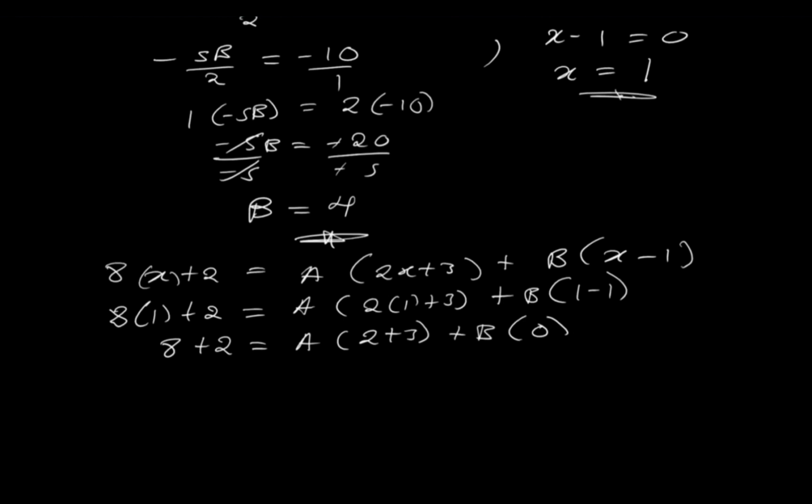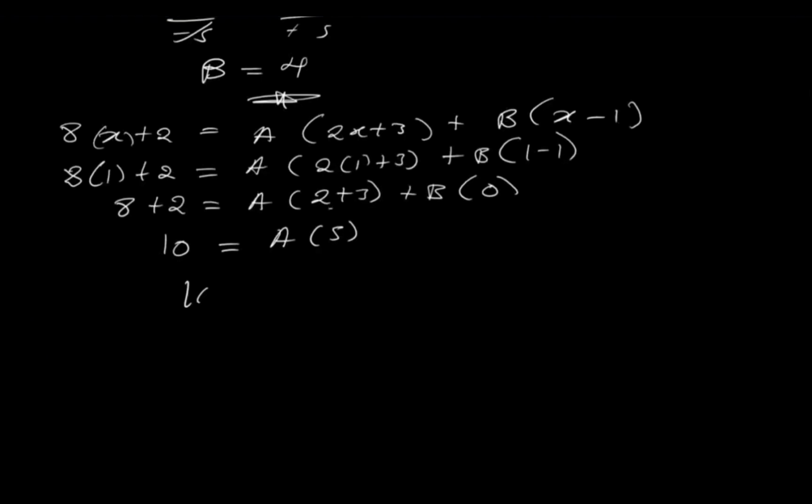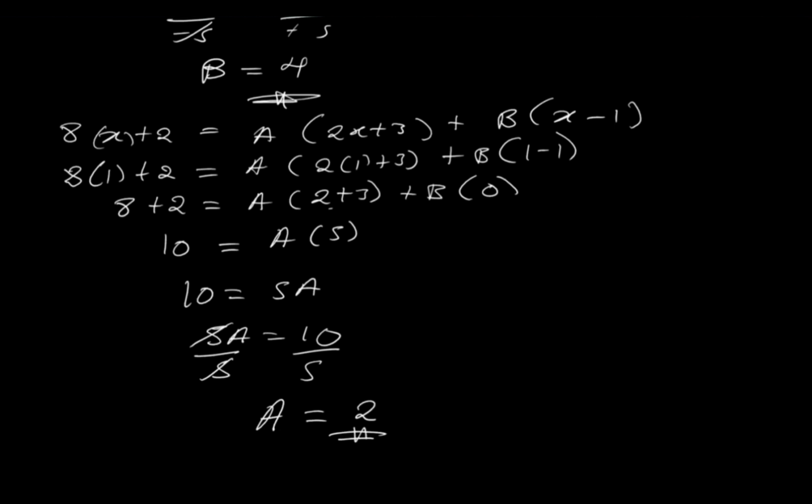Now 8 plus 2 is 10, is equal to a, 2 plus 3, that's a 5, then you get a 0 that side. So basically, you're having 10 is equal to 5a. Now this is someone writing as 5a is equal to 10. All you have to do is divide both sides by 5, since you want to find a. And a will be equal to 5 into 10, that is 2.